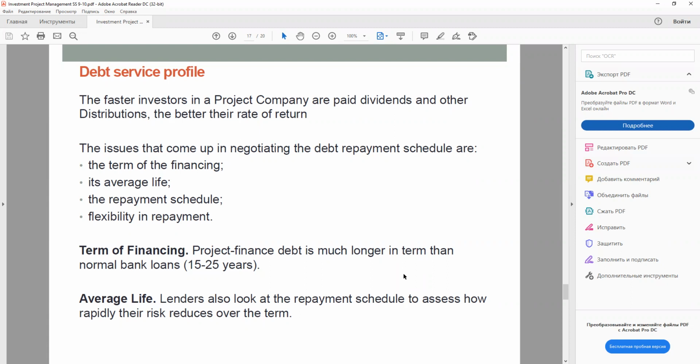And of course, this depends on there being a financing market which is able and willing to provide the necessary term of debt. Probably you want to have a term loan for 25 years, but there is no such proposal on the market. No one is willing to provide you such a long-term loan.